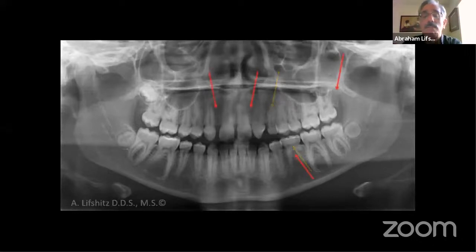And she has 4 congenitally missing permanent teeth: the maxillary lateral incisors, the maxillary third molars, and the mandibular left second premolar.